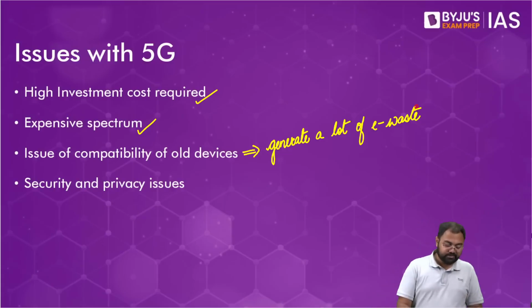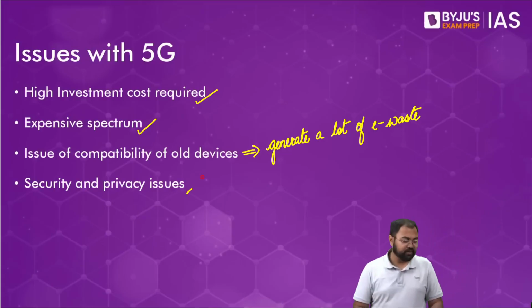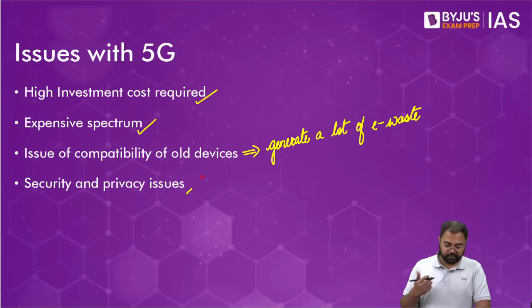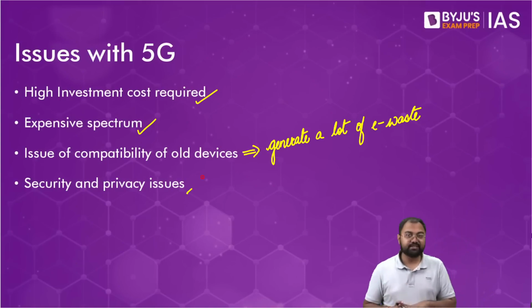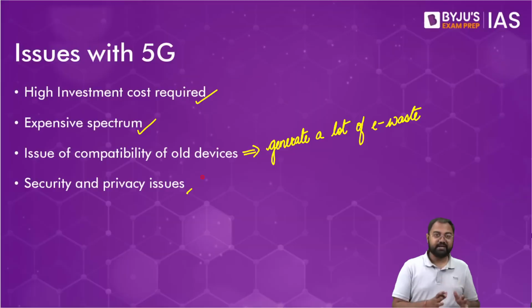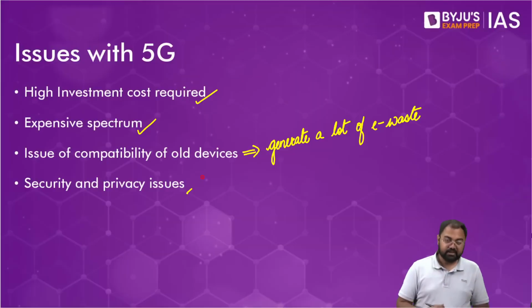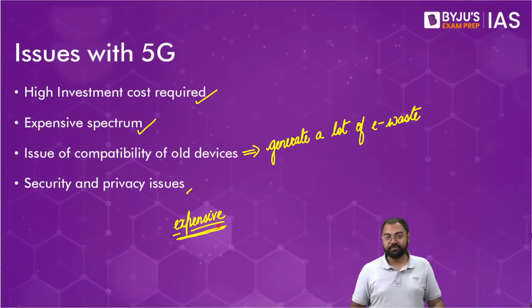And there are chances of security and privacy issues as well, which have to be countered better and understood better. So there are certain issues like these that we still have to understand, and we have to find a way. Otherwise, right now 5G is expensive, and that's why for the end user also it will be expensive.